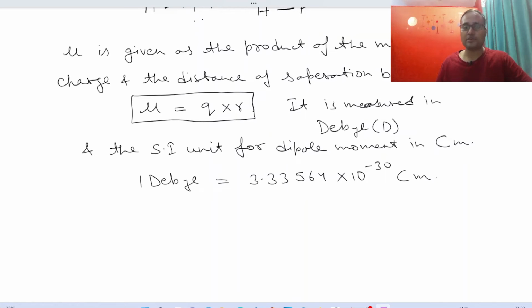Now how does dipole moment help us to figure out the shape of molecules?